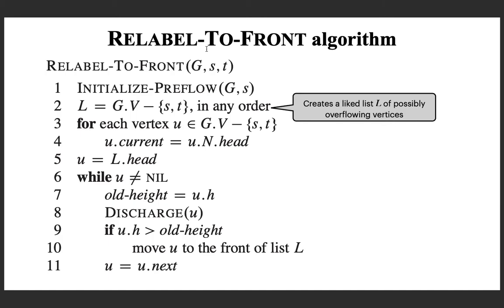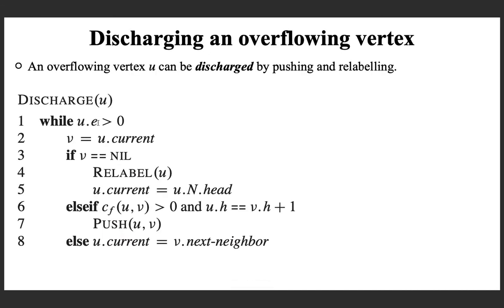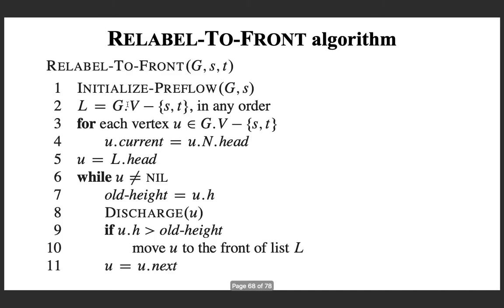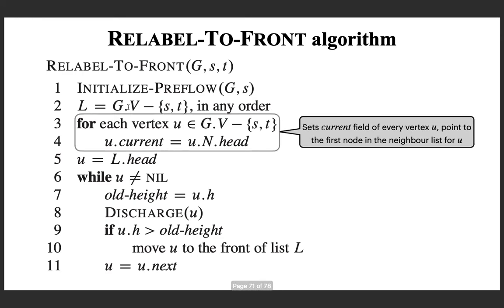We do not know which are the overflowing intermediate vertices, and the algorithm will perform a discharge only if a vertex is overflowing. So, it takes all the intermediate vertices into the linked list, because it does not know which are overflowing, but that is fine. And after that, it makes the current node of every node in that list the first node in its neighbor list.